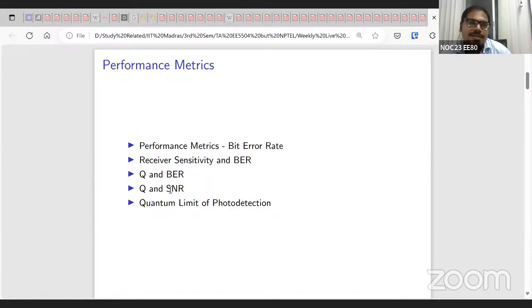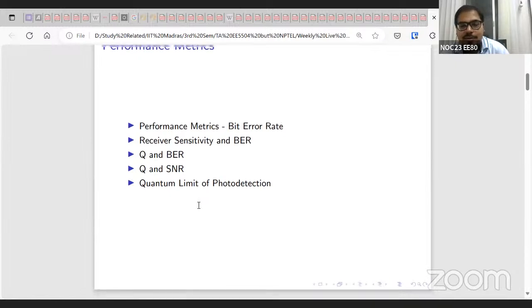All of these concepts were first discussed considering only thermal noise, and then we showed one example where the thermal noise was 0 and only shot noise was present, and the number of photons was also low, so we used Poisson statistics.